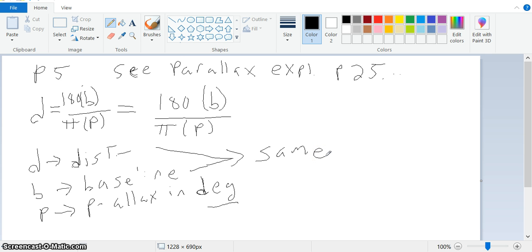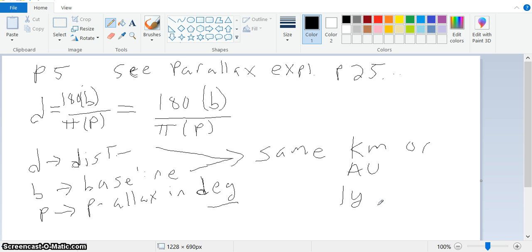Very typically, if you're dealing with objects in the solar system, or just even on Earth, we tend to use kilometers, or astronomical units, AU, where 1 astronomical unit is the distance between the Earth and the Sun. When you get out into interstellar space, of course, you'll use light years.